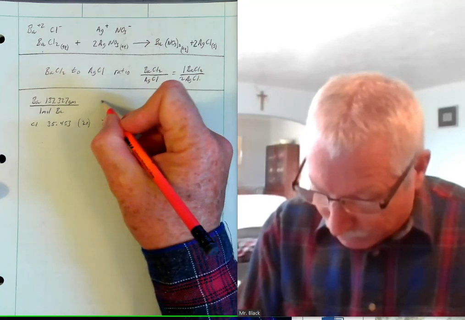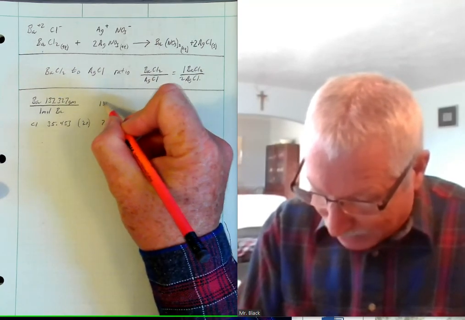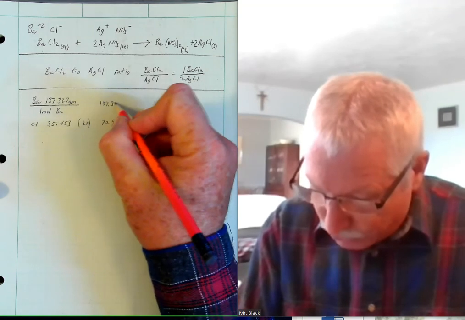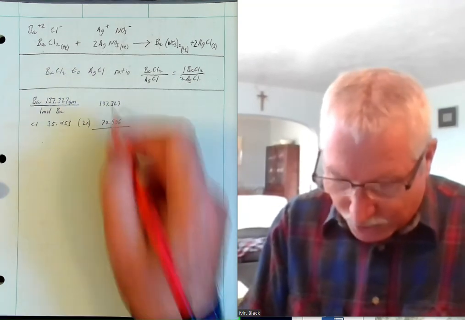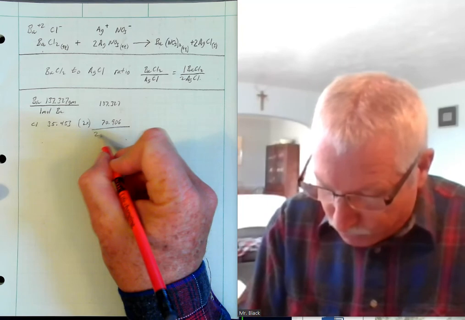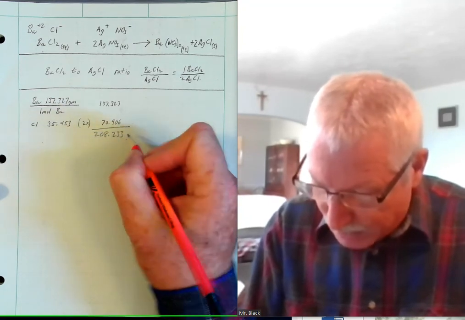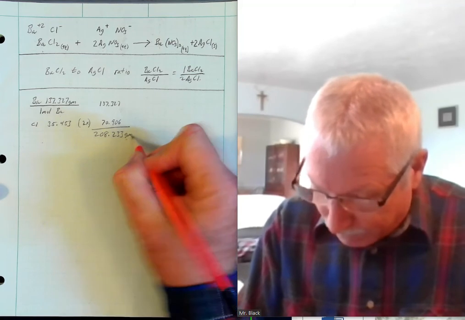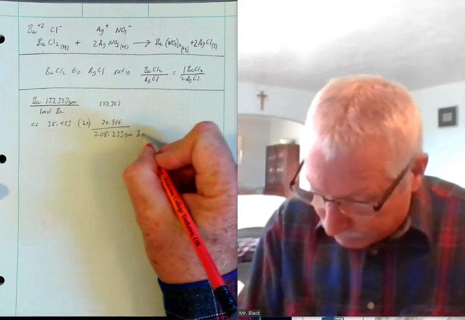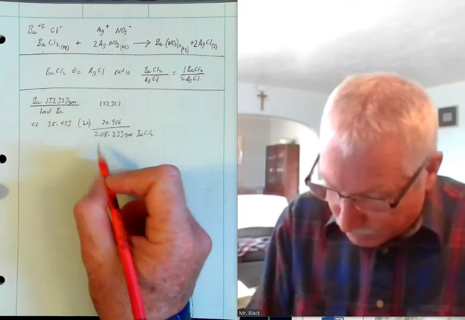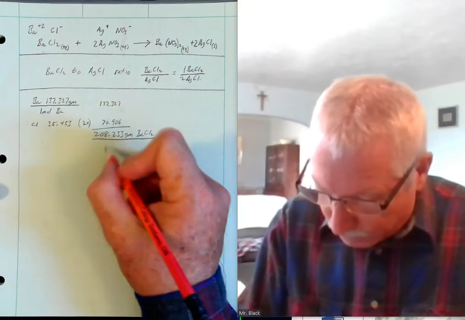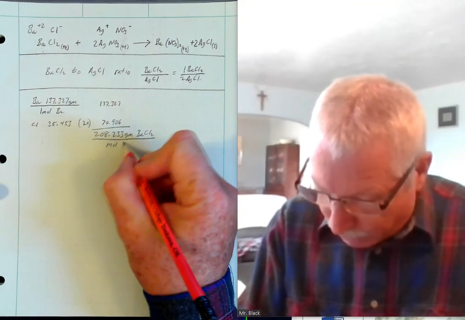And from the barium, I only need one of those, so I have 137.327. If I add those up, I get 208.233 grams of barium chloride for each mole of barium chloride.